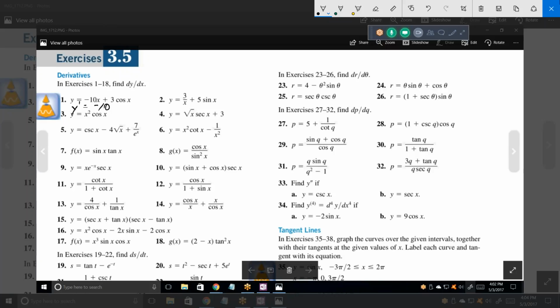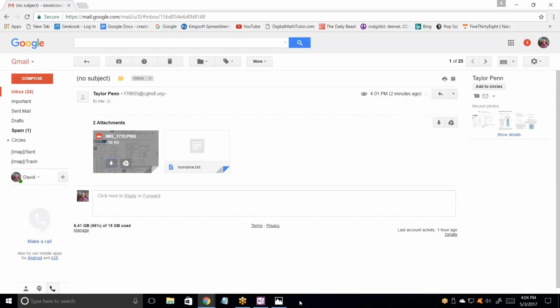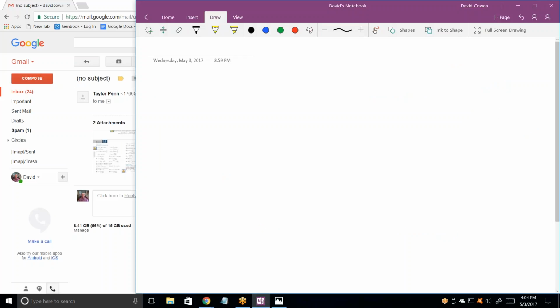I have a perfect way to go over that. I can show you how to memorize it. On the left is the function, on the right is the derivative.